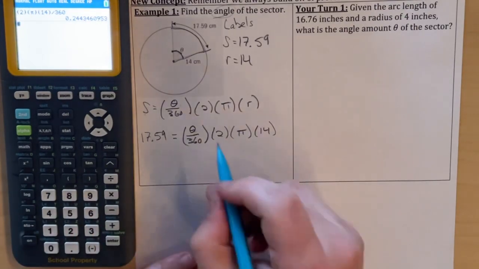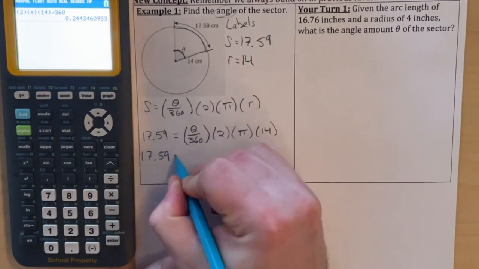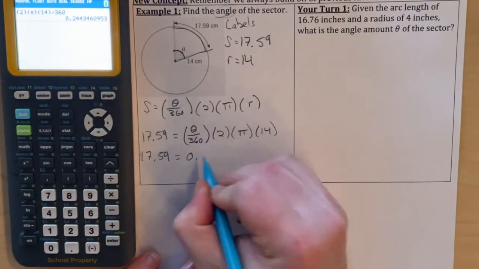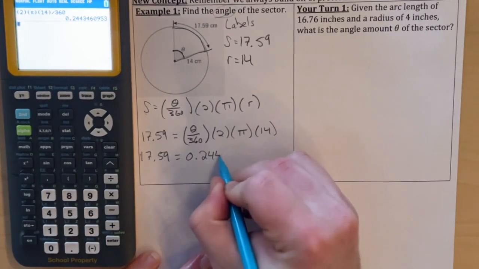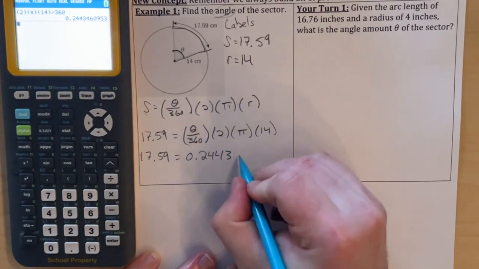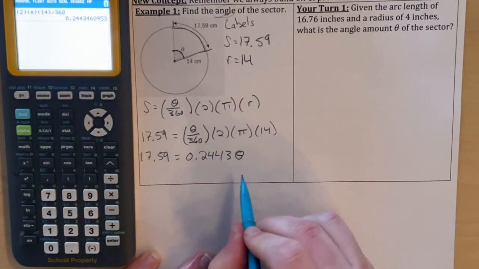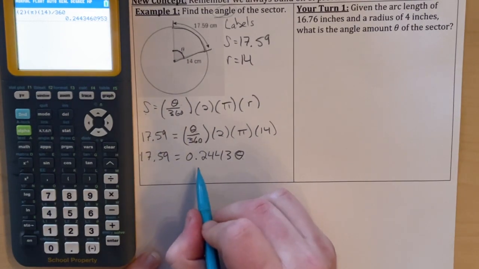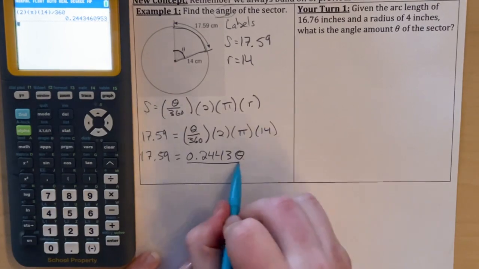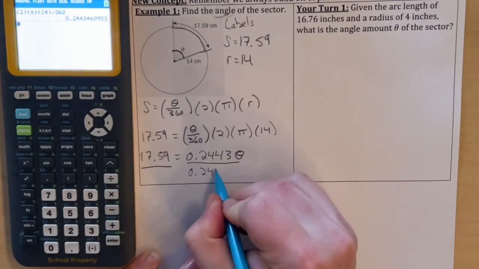Let's see what we can get here. So I have 17.59 is equal to, and I have some decimals here, 0.2443, times theta. Again, we're solving for that variable theta, so we can treat it like a wonderful variable because it's unknown. Get it set up so that way you can divide by the coefficient. So we're going to divide both sides by that decimal amount.